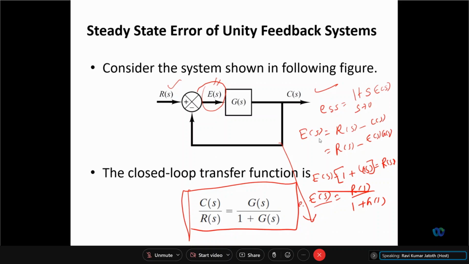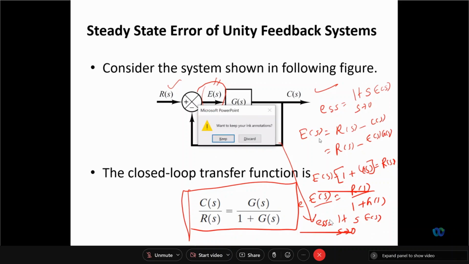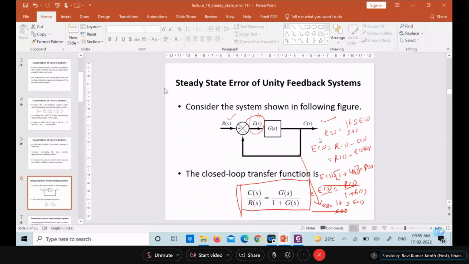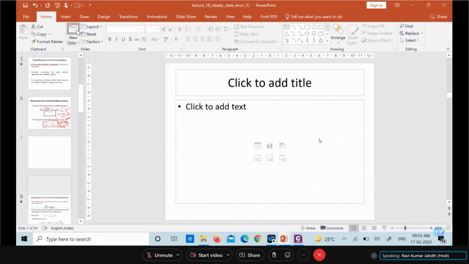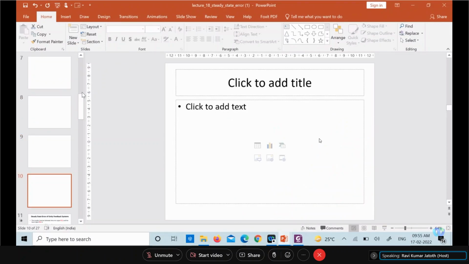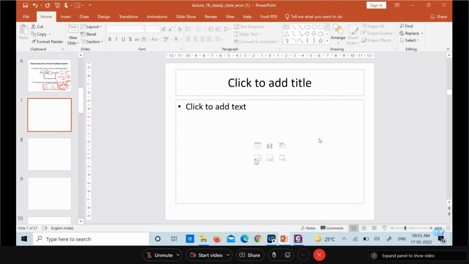Now, this is the error. And we want the steady state error, so what do we do? Limit s tends to 0 of s E of S. Is it not? So now let us try to derive this.